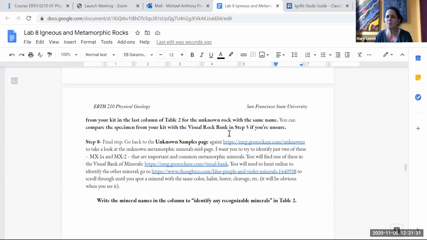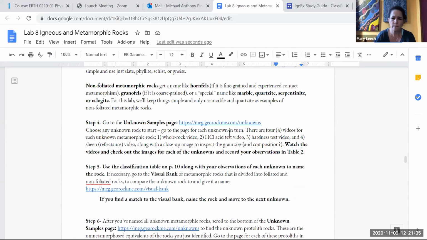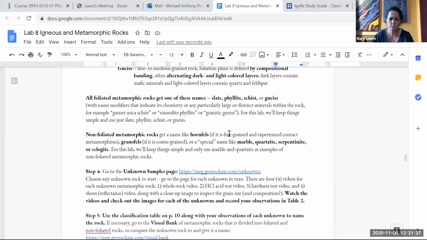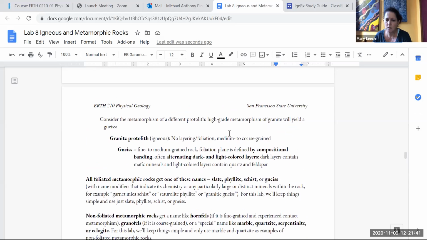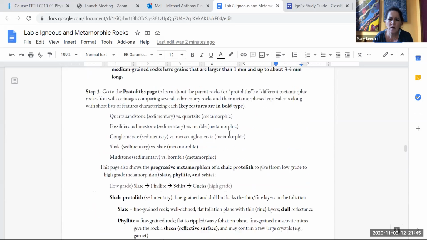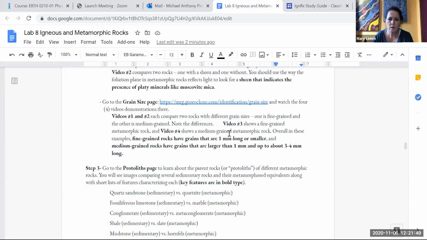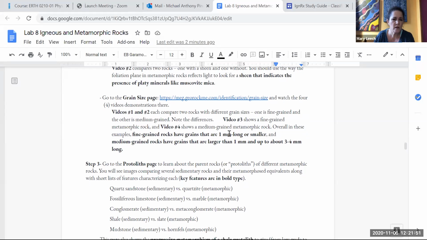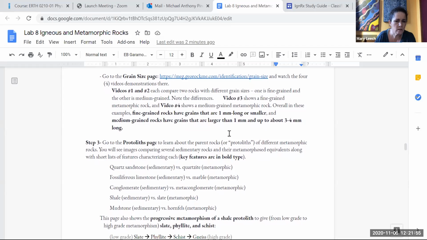Where does it talk about it? Wait, I'll search my own copy and see. Oh, there you are, right there. Step 3, protolith page.